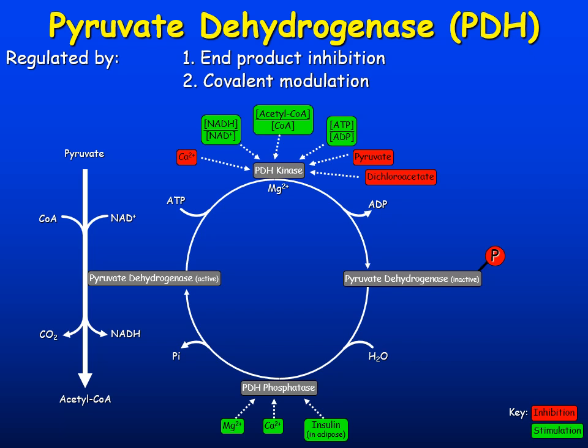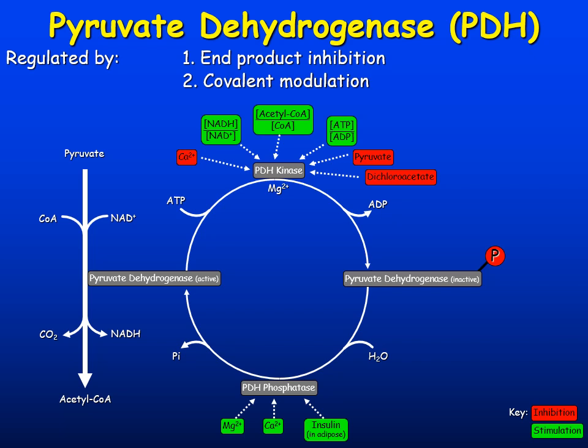When you starve, you mobilize fat, and this is broken down in your cells via beta oxidation, releasing heaps of NADH, acetyl-CoA, and producing lots of ATP. These in turn activate pyruvate dehydrogenase kinase. This causes the phosphorylation of pyruvate dehydrogenase, switching it off.